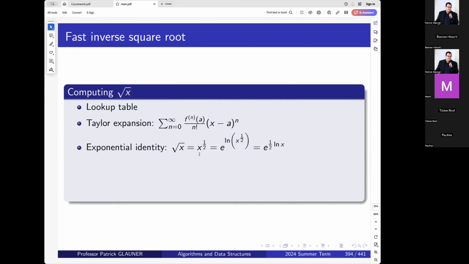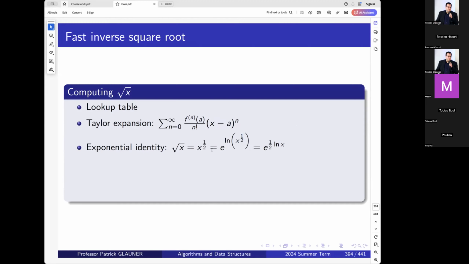There are other approaches how you can calculate the square root. For example, you can take advantage of an exponential identity. Square root of x, you can rewrite as x to the half. And here we can use an exponential identity because we can always put something to e to the power of ln, because e and ln are just inverse functions.